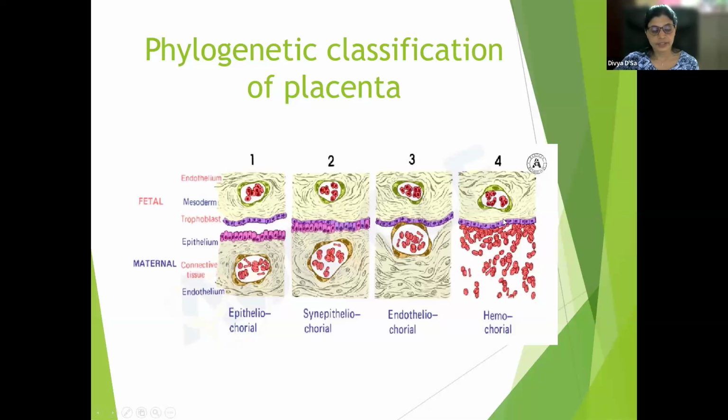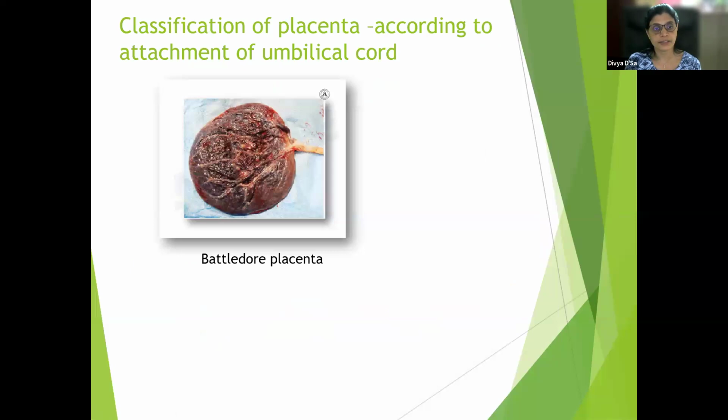Then endoendothelial is where the endothelium of the maternal blood vessel comes in contact with the endothelium of the fetal blood vessel. We call that endothelial. So those are the different phylogenetic classifications of the placenta.